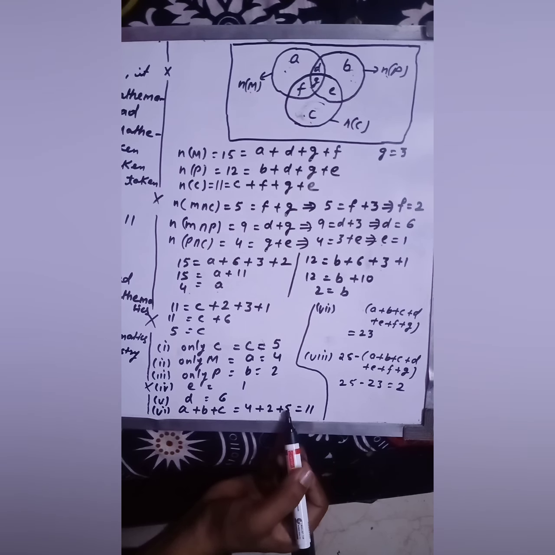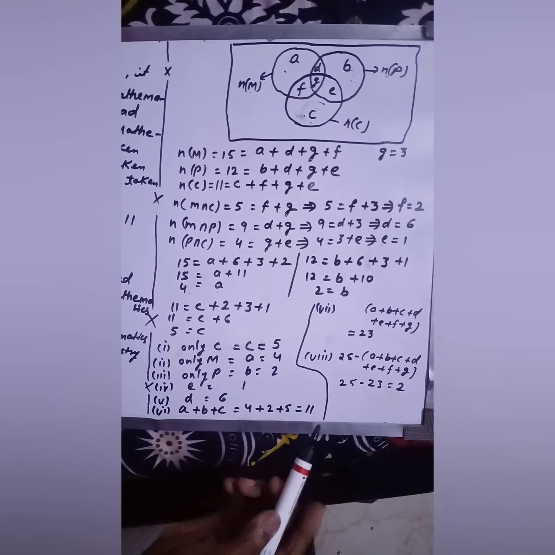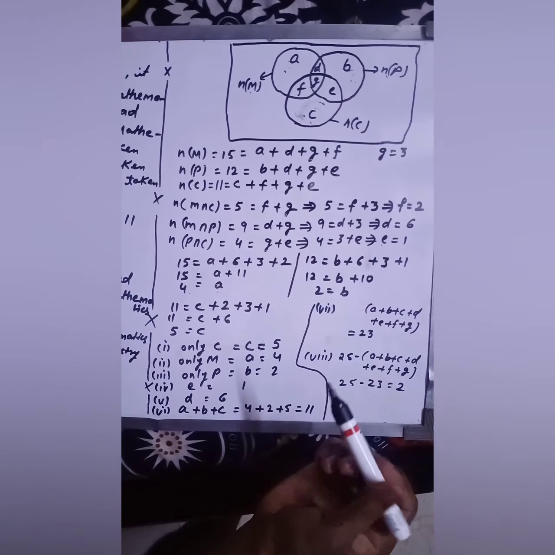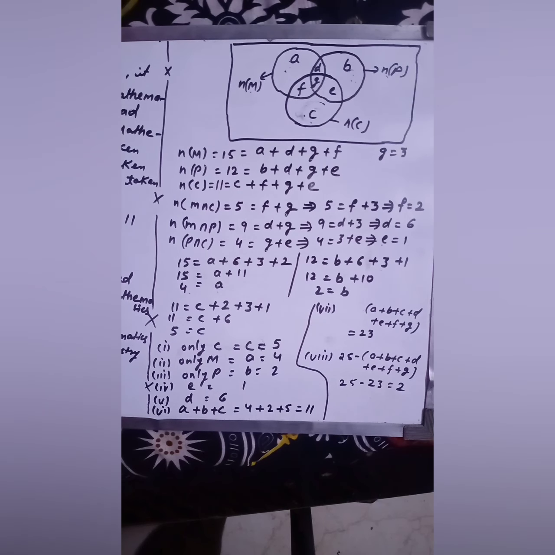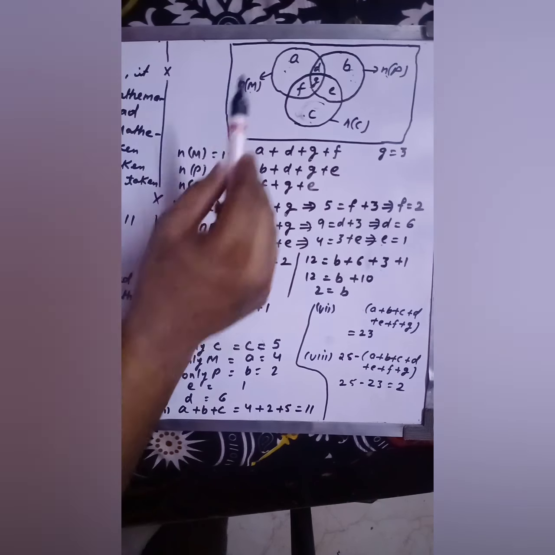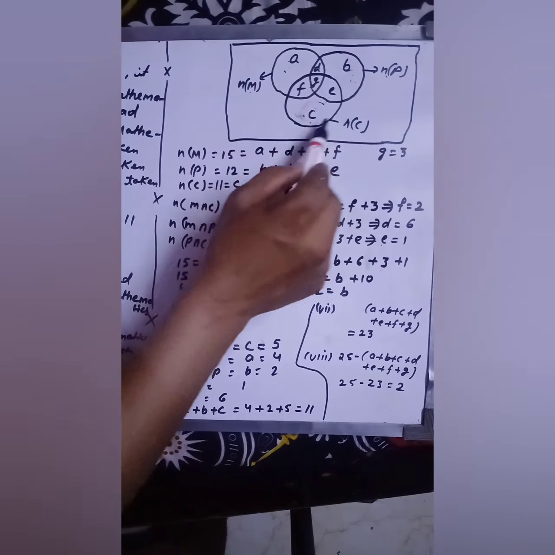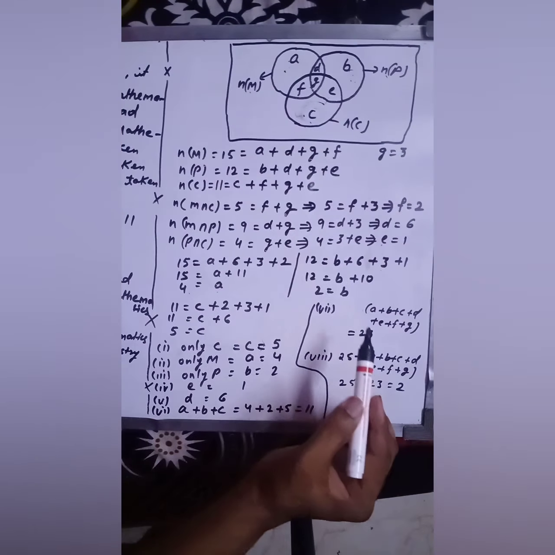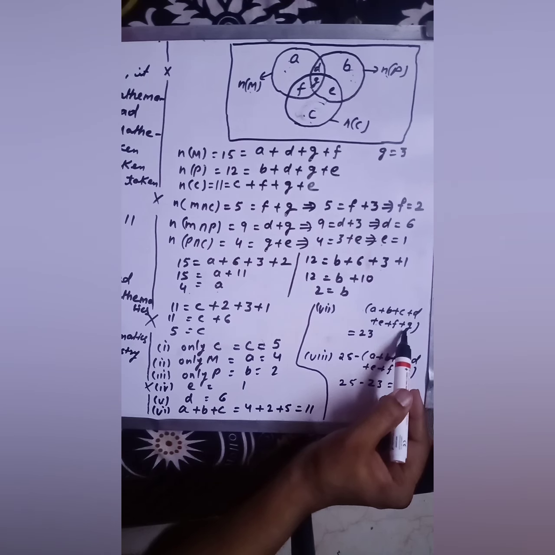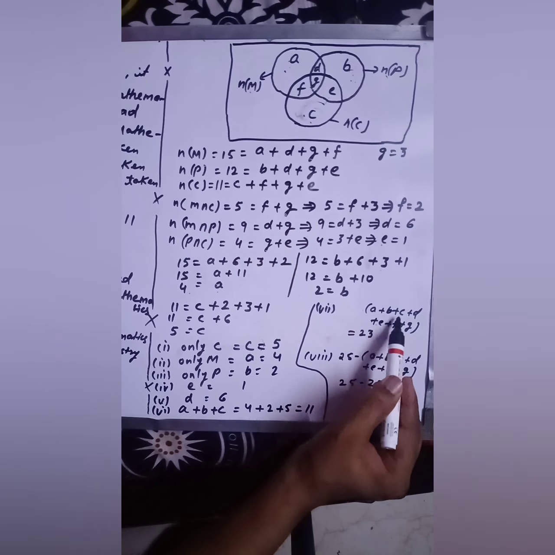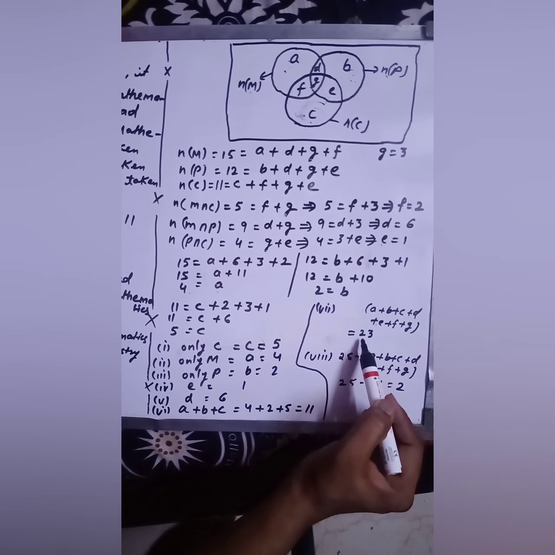Okay, now that's a very lengthy question. Now the seventh part is at least one of the 3 subjects. At least one of the 3 subjects means we have to find the sum of all the numbers, that is A plus B plus C plus D plus E plus F plus G. So when you add all the values, you will get 23.